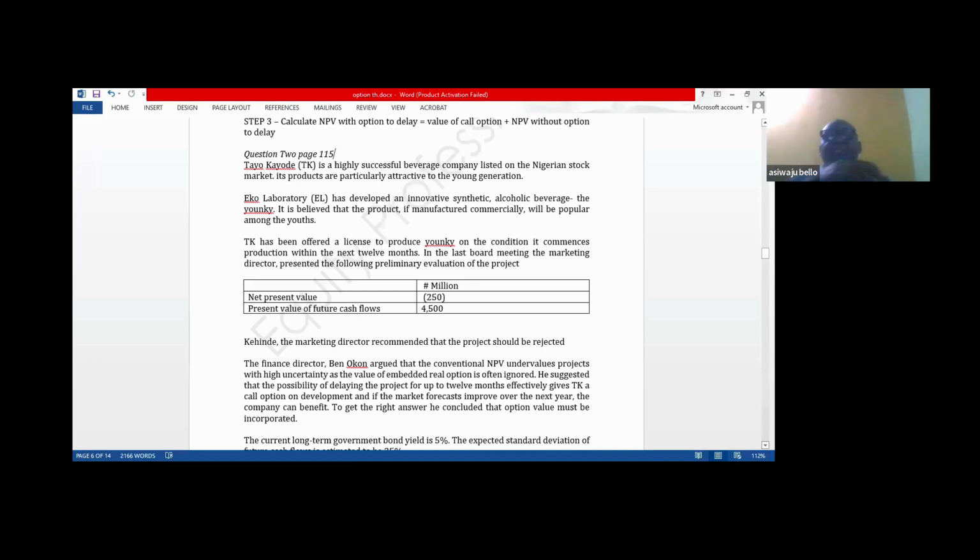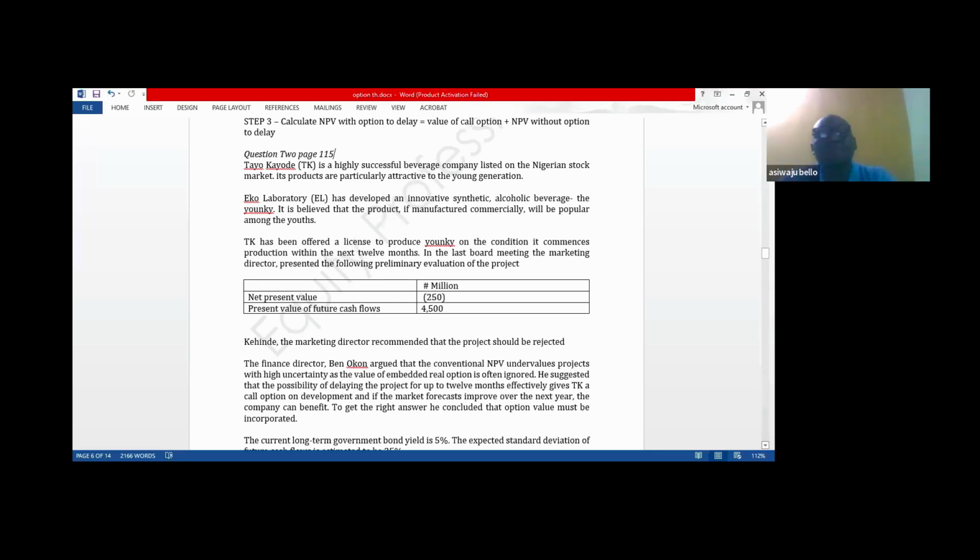Please put it in brackets. The net present value is negative 250 million. The present value of future cash flows is 4,500. Kehinde, the marketing director, recommended that the project should be rejected.